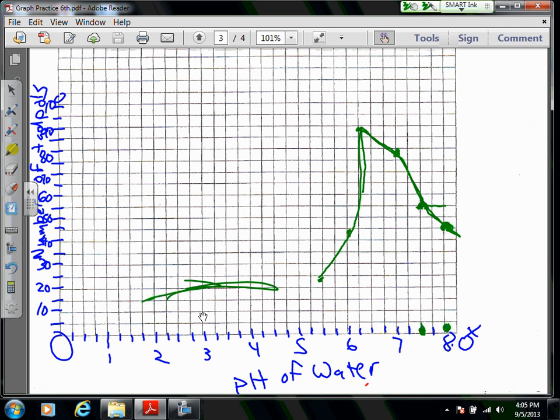So it's kind of like a curve that way. It's a little sloppy, but the last thing that you need to do is give it a title, which is the independent variable, pH of water, versus dependent variable, number of tadpoles.